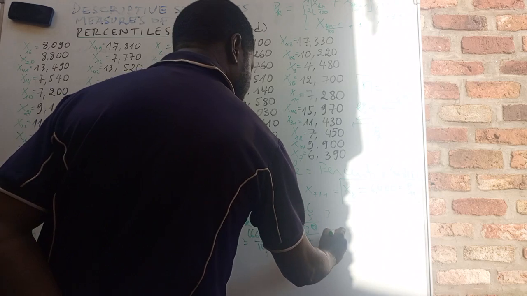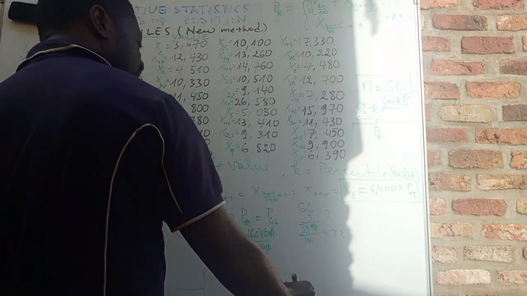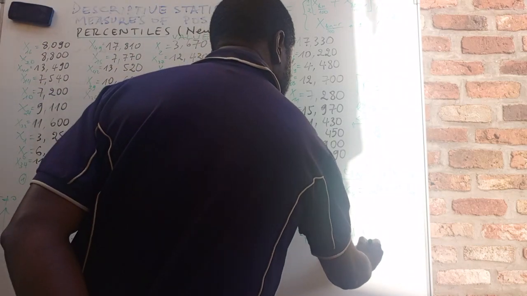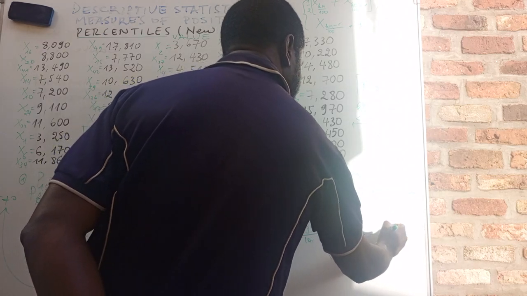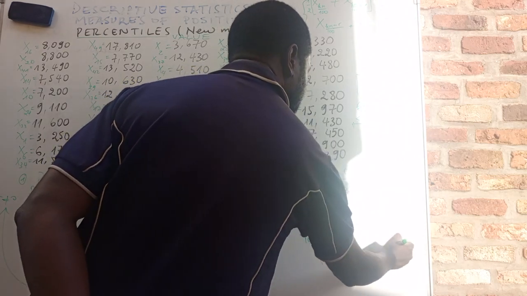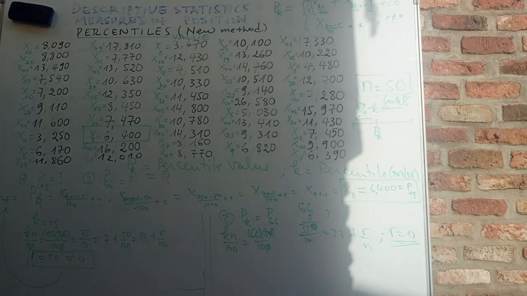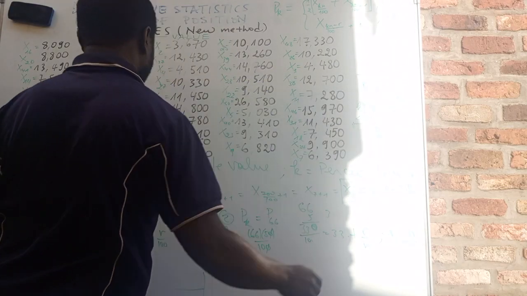So this is 33. Now the remainder is equal to 0, so we fall in the first case with this division.